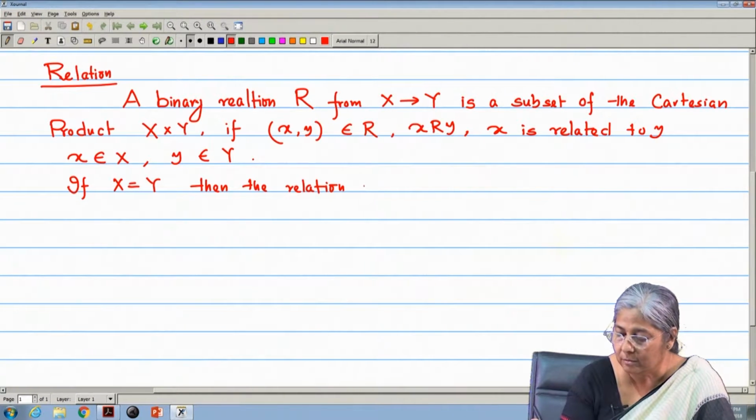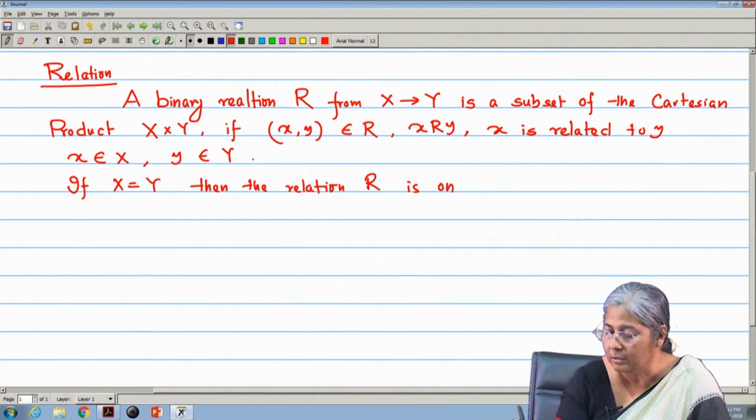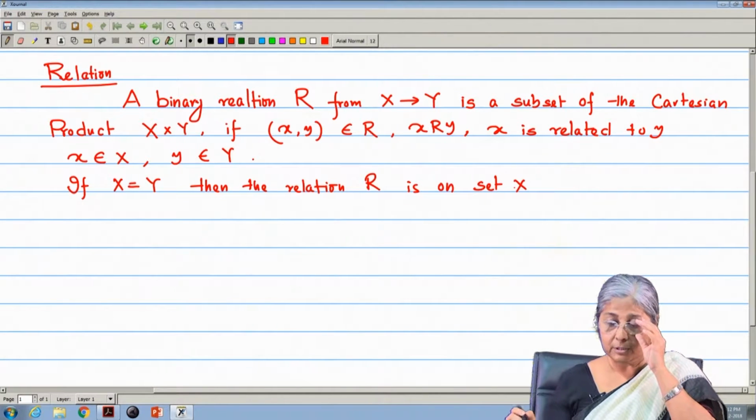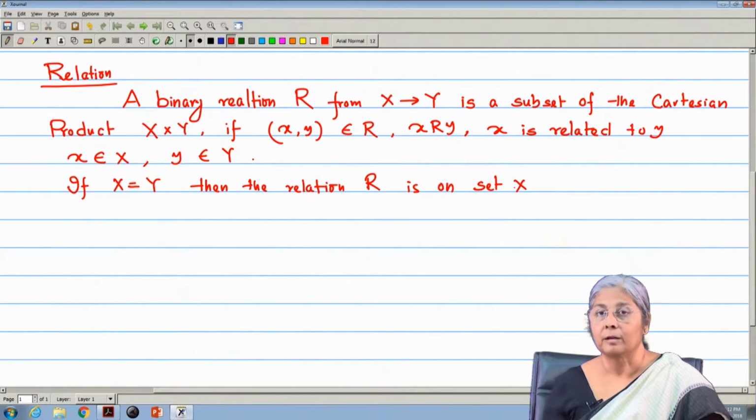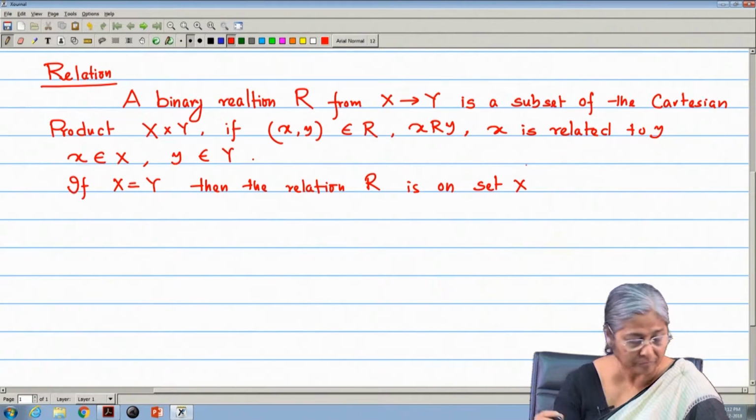That means it denotes the relation of the elements of only one set X.